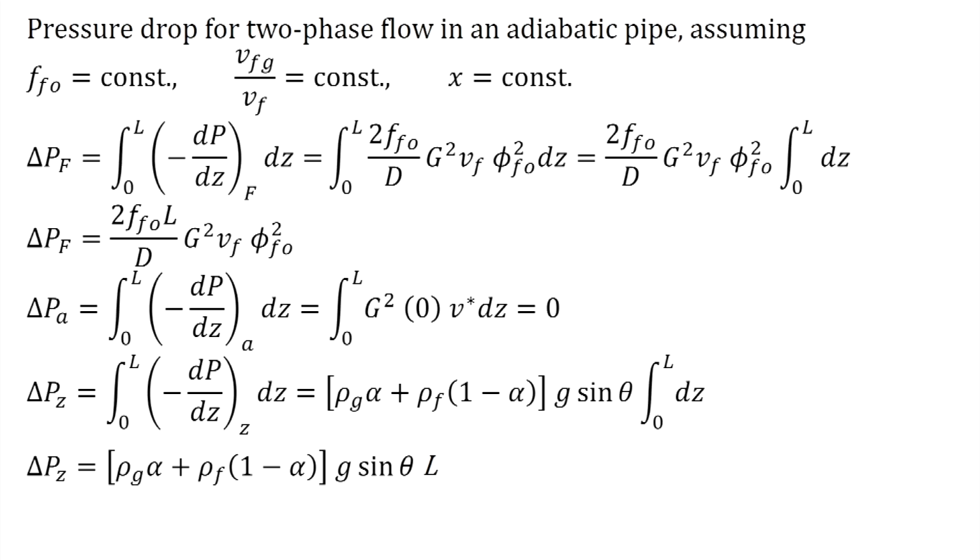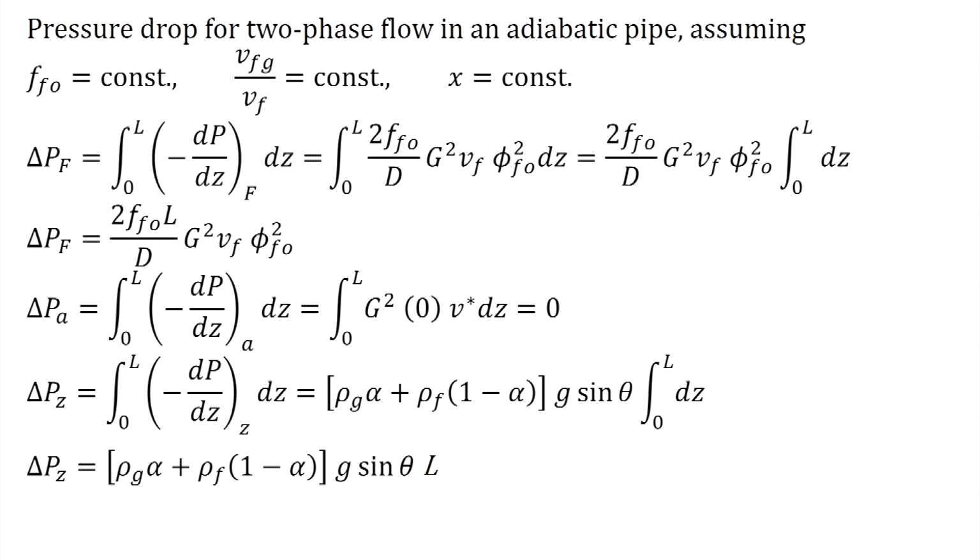Now, let us consider pressure drop for two-phase flow in an adiabatic pipe. So, we assume f FO equal to constant, v fg by v f equal to constant, and since it is an adiabatic pipe and we are not considering higher order effects, therefore, x will also be equal to constant.